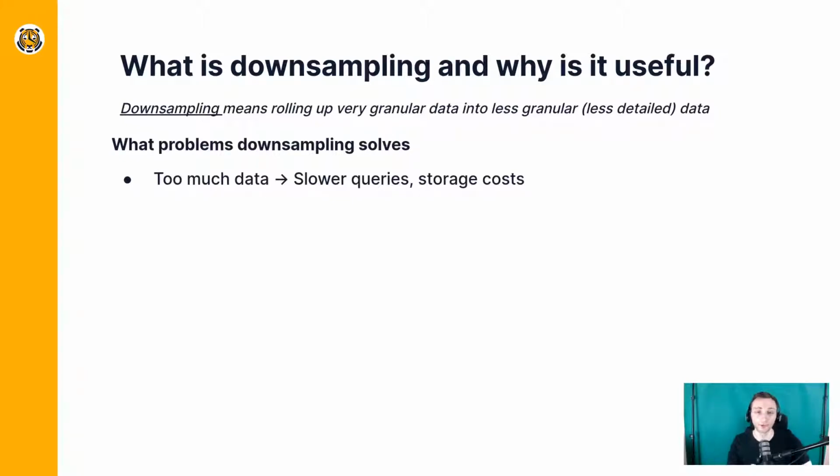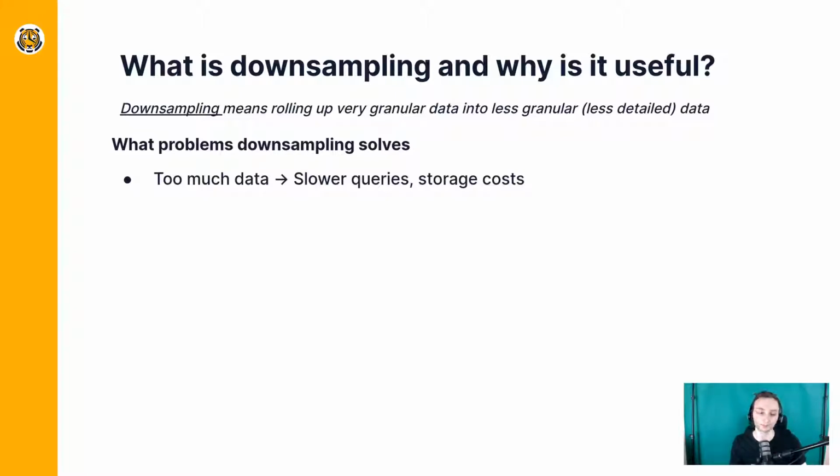Obviously, these two things are bad, especially if you have time series data and you want to analyze the historical data, because it's quite easy to collect a lot of historical data when you have a time series workload.